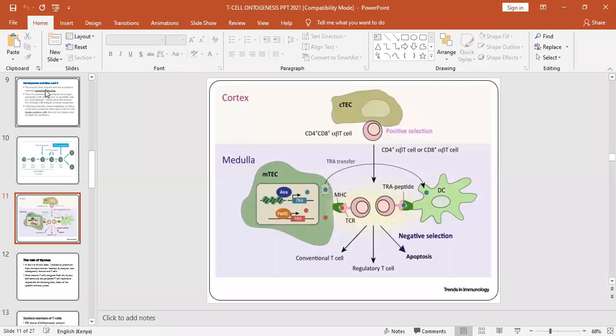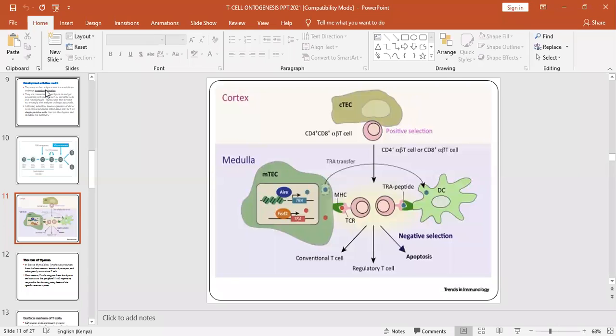And for that, it becomes a positive selection because it is able to interact with and recognize self-antigens. The reason is, if these cells cannot recognize self-antigens, they are going to cause problems later. So this is very important that it has to be checked, and that is the work of the cortex region.